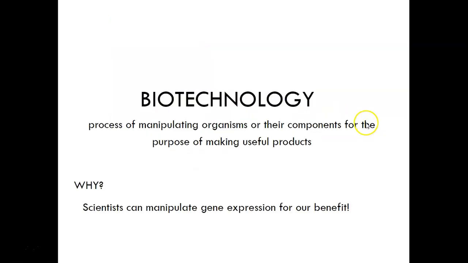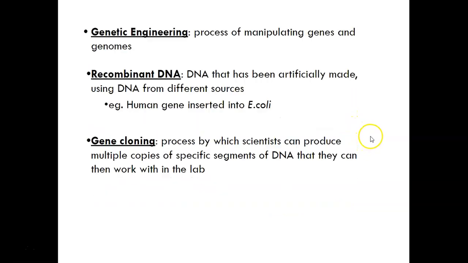The last piece of this is just biotechnology. I'm not sure that you're going to be asked anything on the AP test related to this, but I just want to go through a couple of things because they might give you an example. Genetic engineering is just manipulating genes and genomes. A lot of it comes in regards to recombinant DNA.